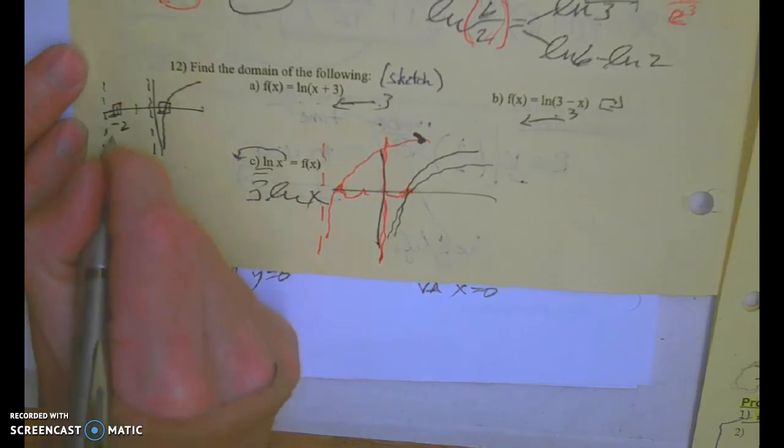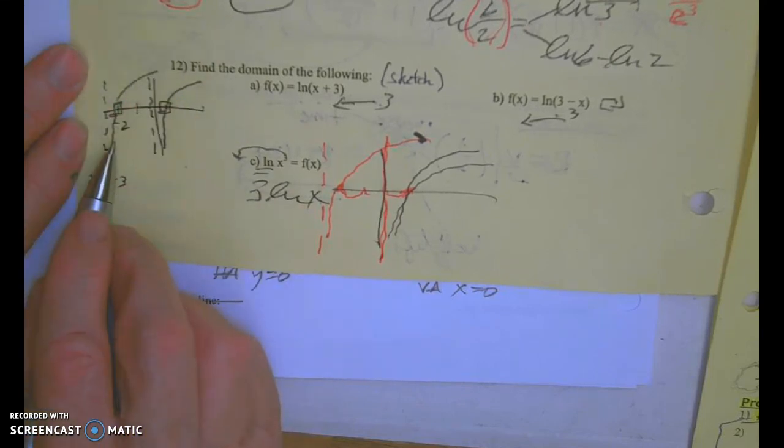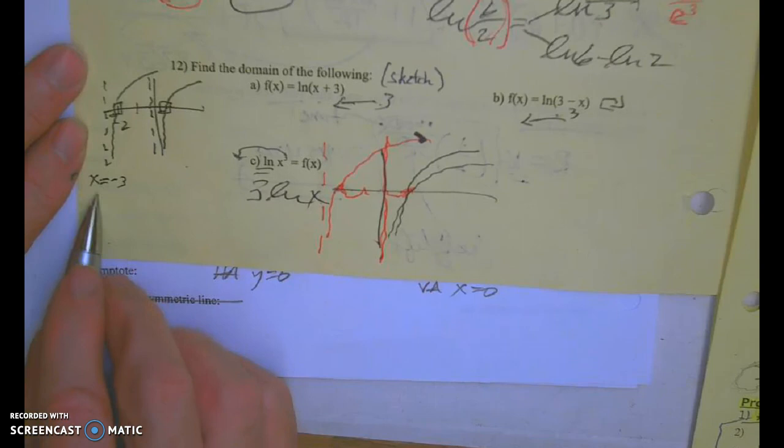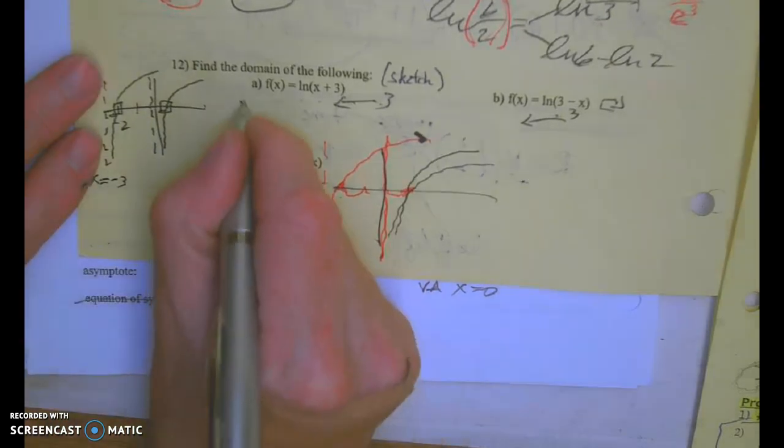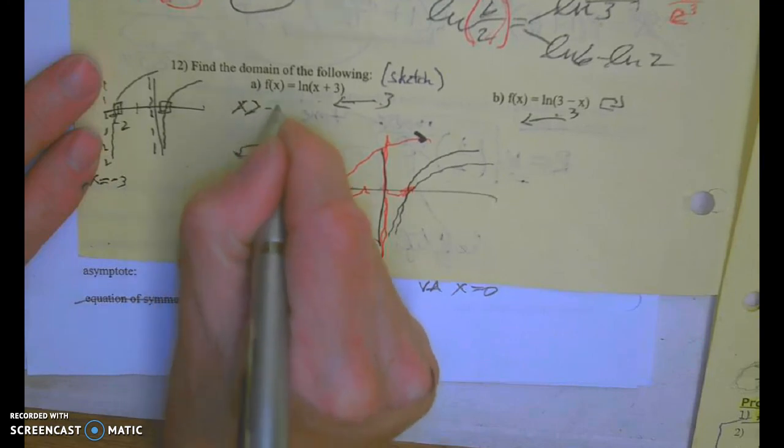So my new graph sits like this, and I know now that my domain is all real numbers that are bigger than -3, and that's why the answer is all real numbers x greater than -3.